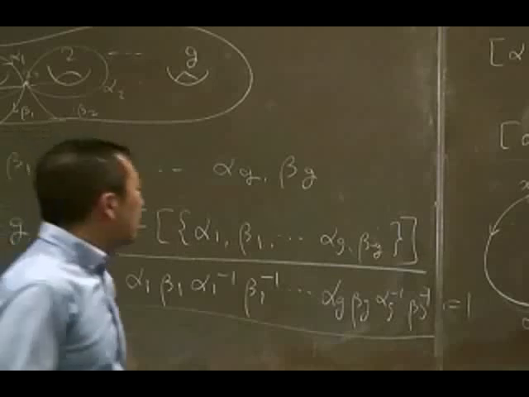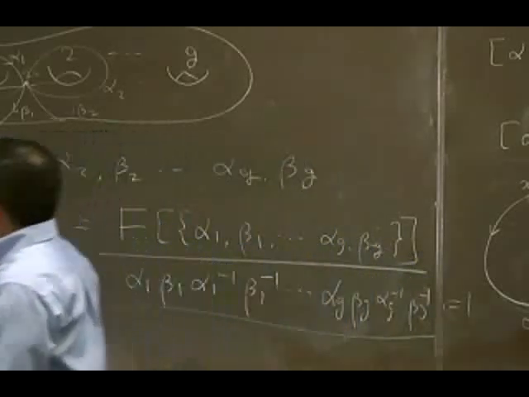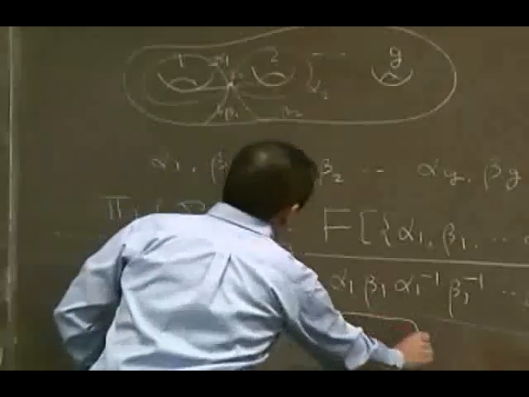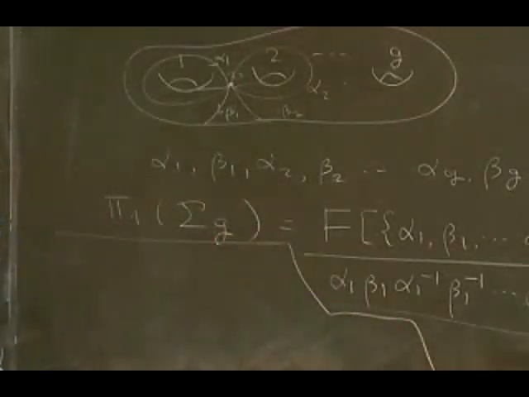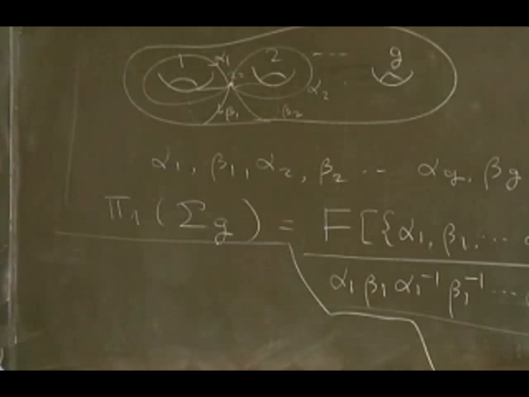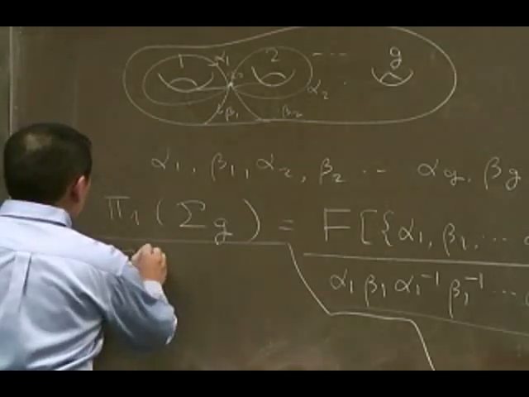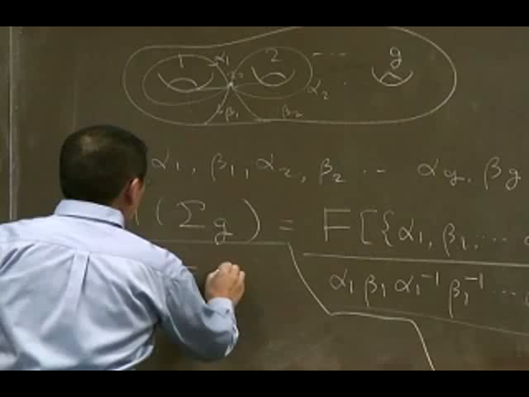Okay. I should say that this is the case for genus G, the number of handles, greater than or equal to 2. When G equals 0 or 1, the situation is different. Pi 1 of S2 is trivial.